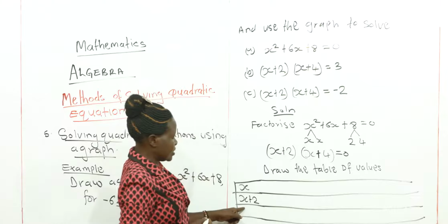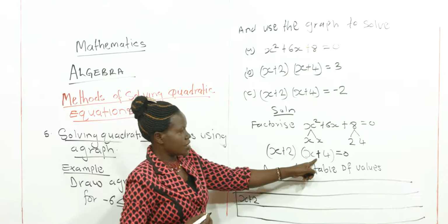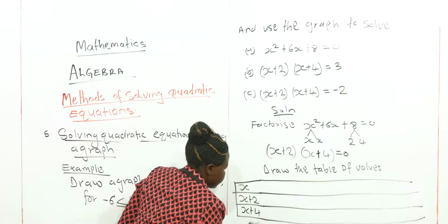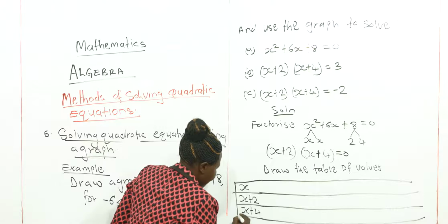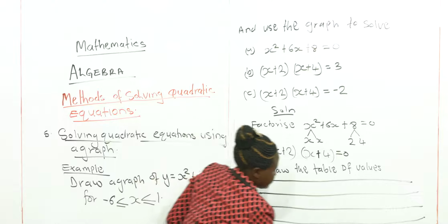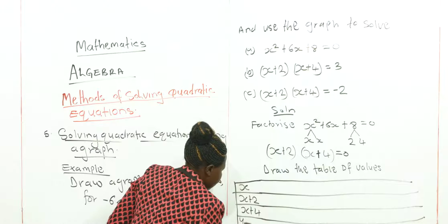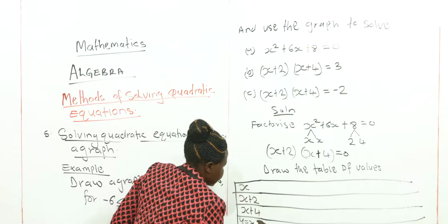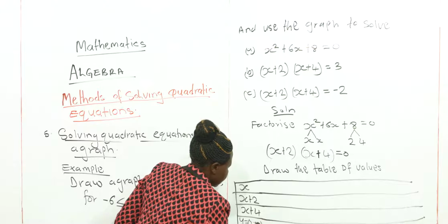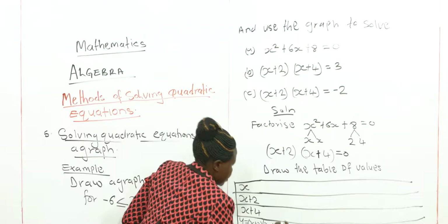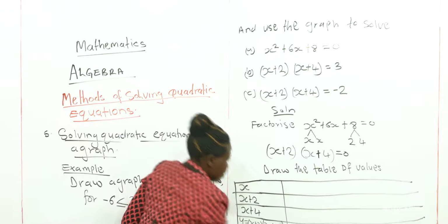And then the third row, we shall have x plus 4. And then the fourth row will now give us y, which is x plus 2, close the bracket, x plus 4. So that will be our fourth row.